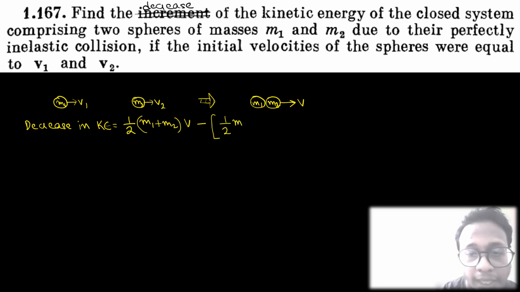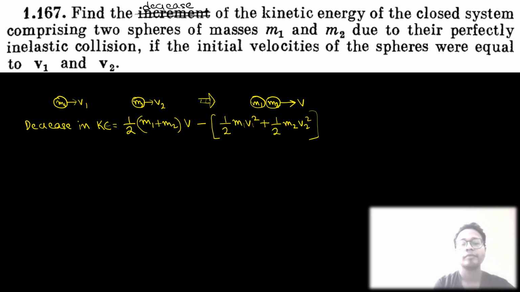Half m1 v1 squared plus half m2 v2 squared. Now there's a problem here. I have to find v in terms of v1 and v2, and in every type of collision, what can I apply? Conservation of momentum.